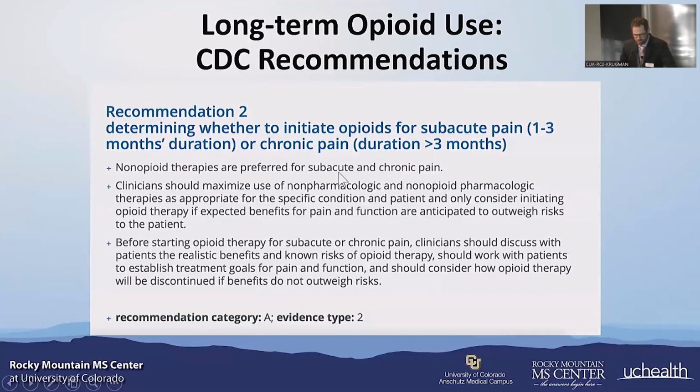And here, the recommendation really should be to reach for non-opioid therapeutics first, and then also maximize use of non-pharmacologic approaches. And then if you are going to try an opioid, the patient and the provider have to be aware of the risks and benefits, and there should really be a plan for assessing how to measure its effectiveness, and most importantly, if it's not effective or if it becomes risky in some way, how do we stop that?